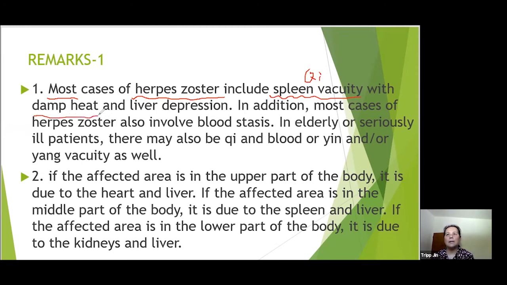Spleen performing transportation and transformation functions. So if the transportation and transformation are not working, everything does not circulate. Water retention causes dampness, and the dampness pretty easily combines with the heat.